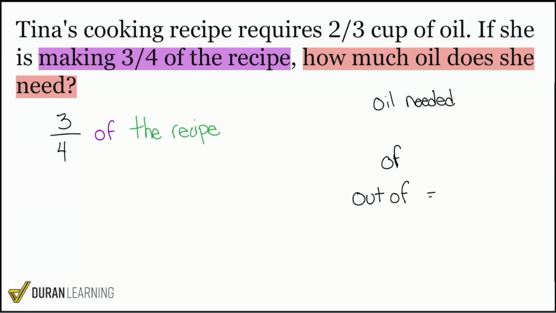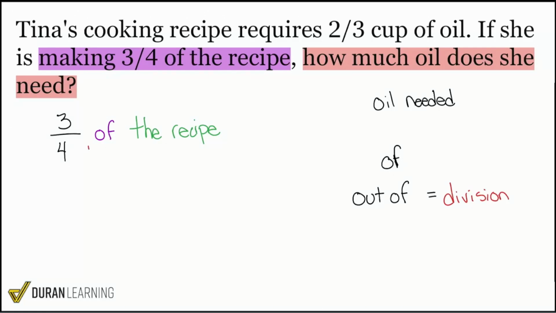When we think of the phrase out of, what operation is that? If I say 5 out of 10, or 20 out of 30, that's division. When you're saying this many out of that, you're trying to see how many of those fit into the other. Out of is division.